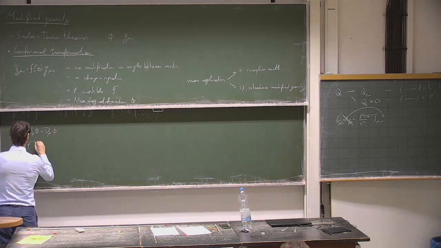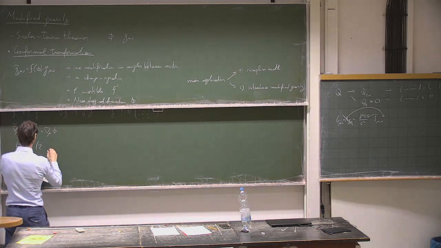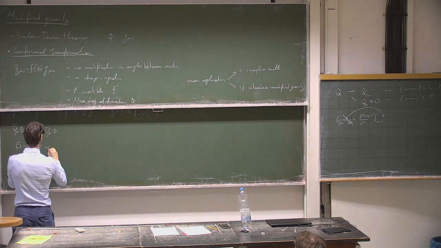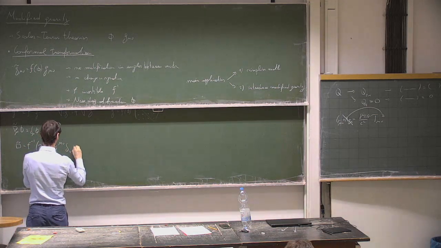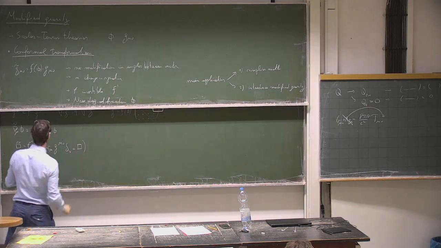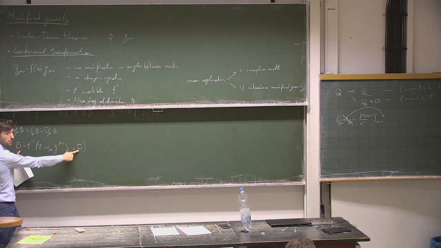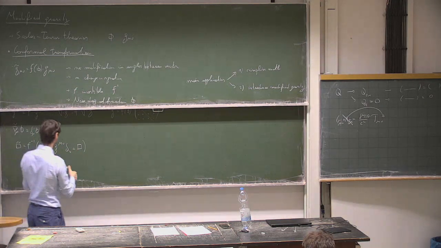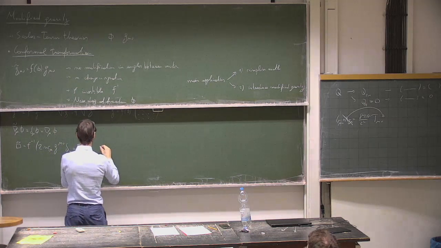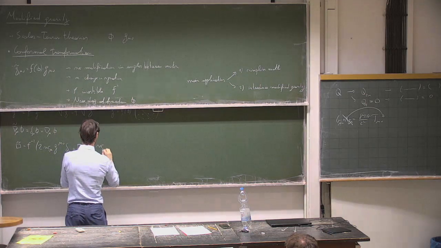Again, that's a very simple exercise, and the expression is this one. So you see, we have the original box plus additional terms, where this W is defined as that.